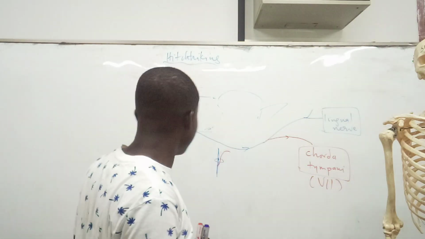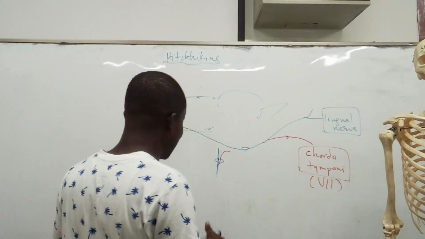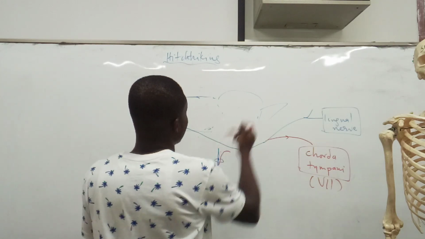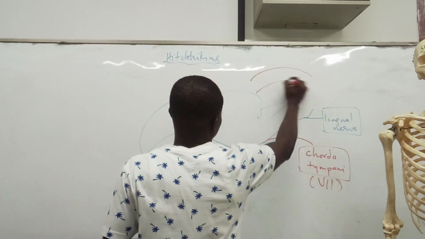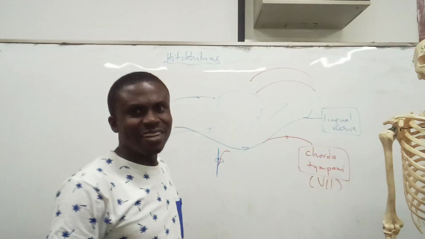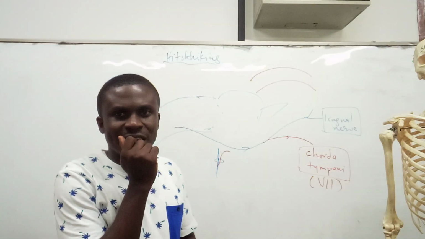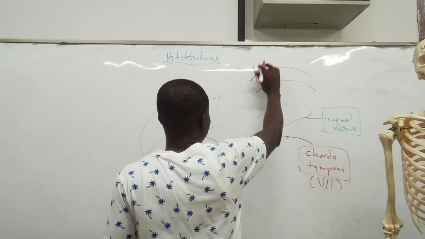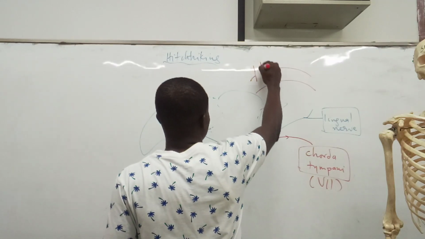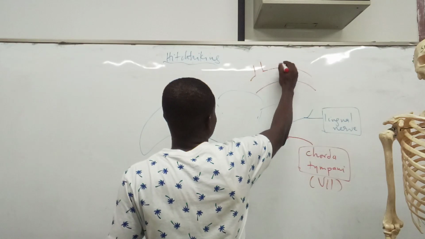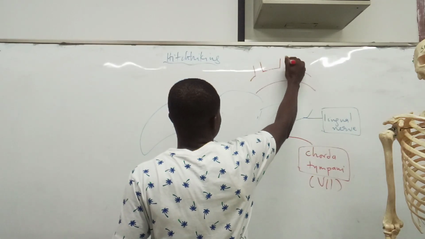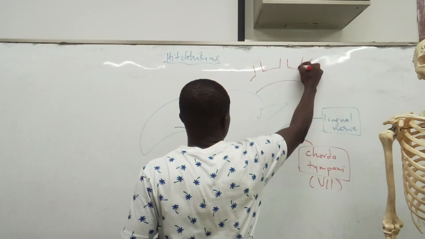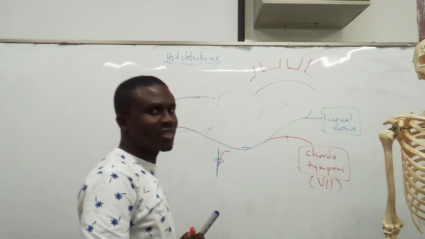What I'm trying to say is that, assuming this is my arch of aorta, this arch of aorta normally gives 3 branches. So let's say this is one branch of it, then there will be another branch, then a 3rd branch. Normally, this is how it is.